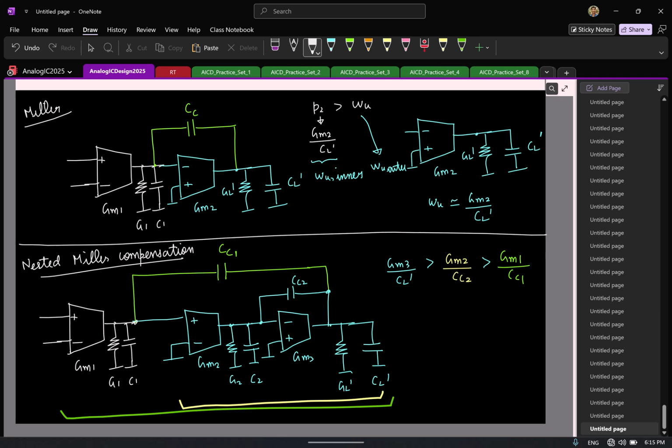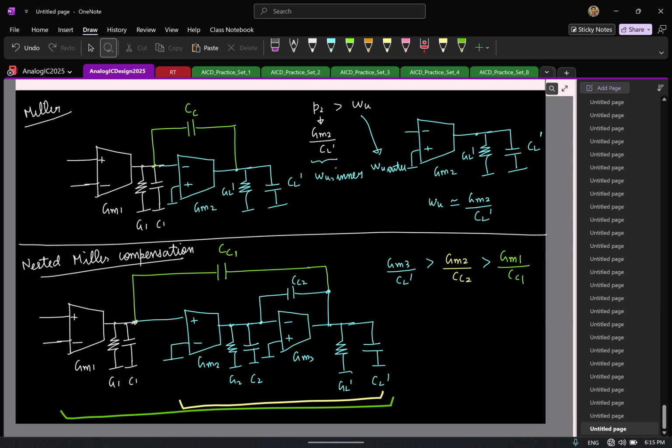Just like how in coding we have nested loops, it's a similar structure. Similarly, if you want to make a 4-stage OTA, you can basically extend it. It should not be a difficult task.